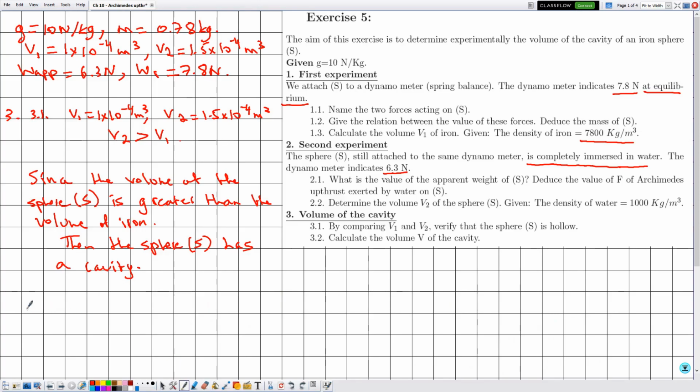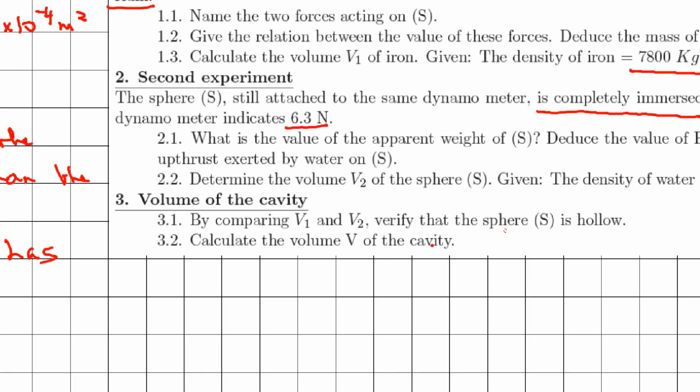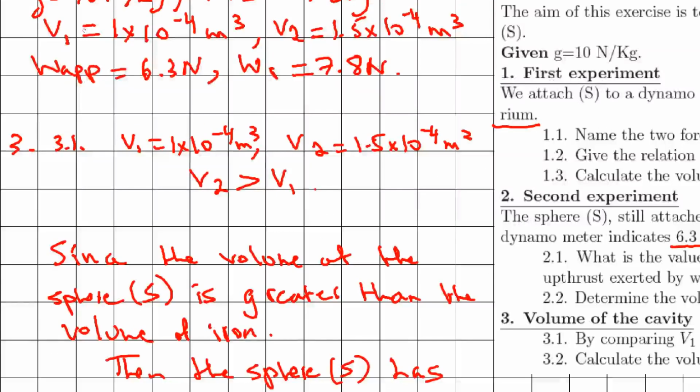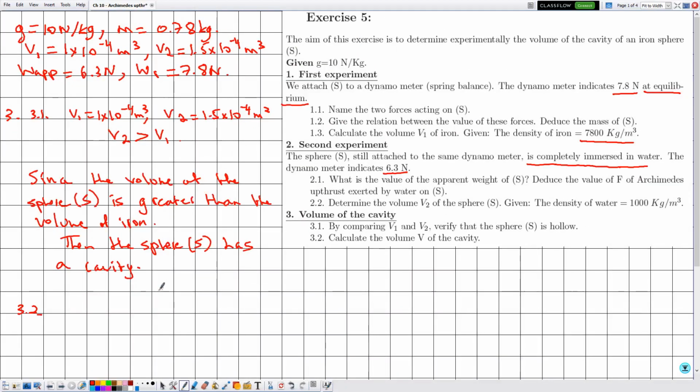Now in 3.2, calculate the volume V of the cavity. The volume V of the cavity is due to the difference between the two volumes V1, V2, for sure the greater minus the smaller, so the greater here, I mean V2, which has a greater value and is given by 1.5 times 10 to the power minus 4.